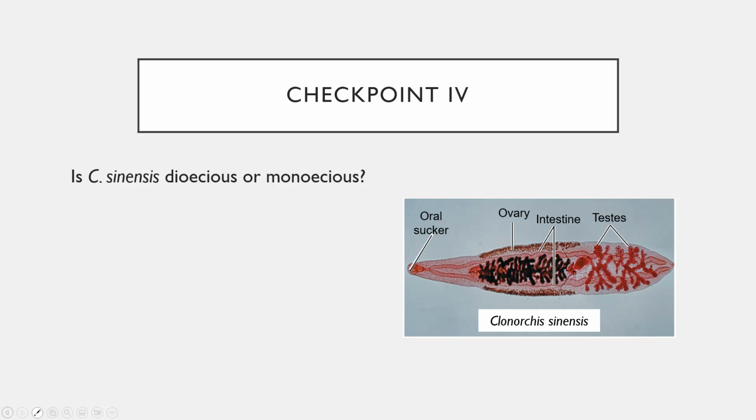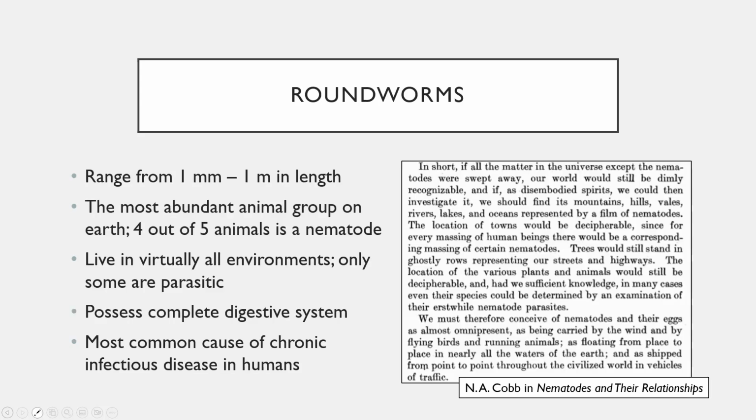And lastly, we have the roundworms. So roundworms, unlike flatworms, have rounded bodies that are not segmented, and they range in length from as little as 1 millimeter all the way up to 1 meter. Roundworms are absolutely ubiquitous on the surface of the planet.